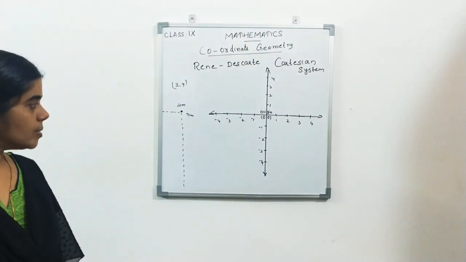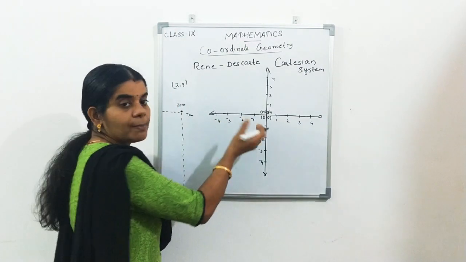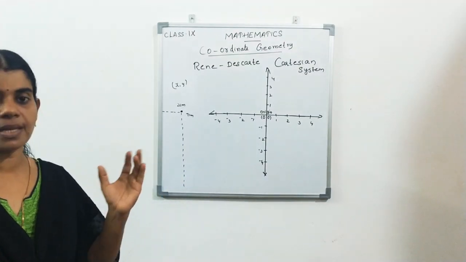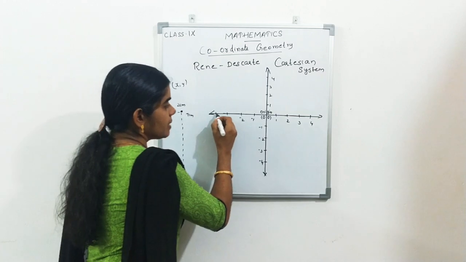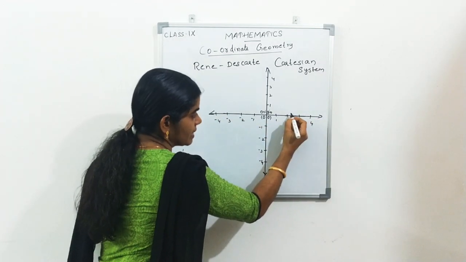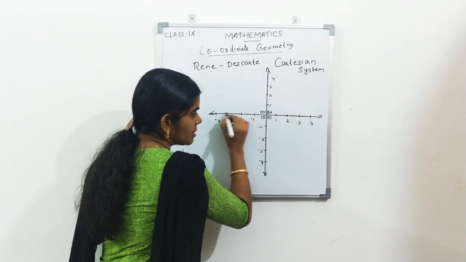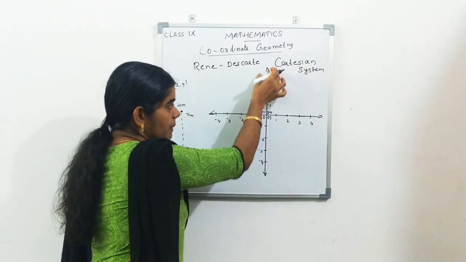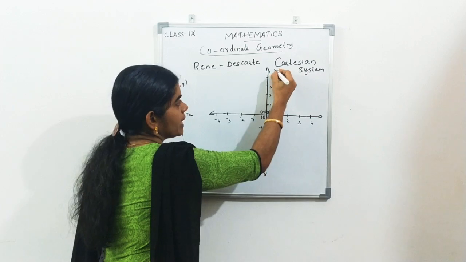You already know the number lines, and how to locate the position of numbers on a number line. This horizontal line is known as the x-axis, and this perpendicular line is known as the y-axis.